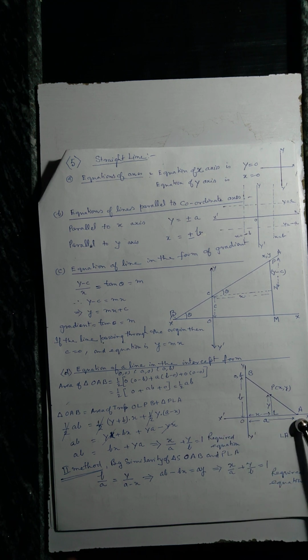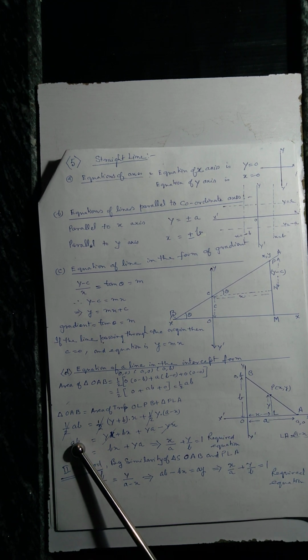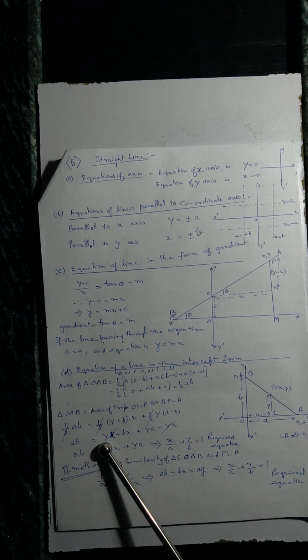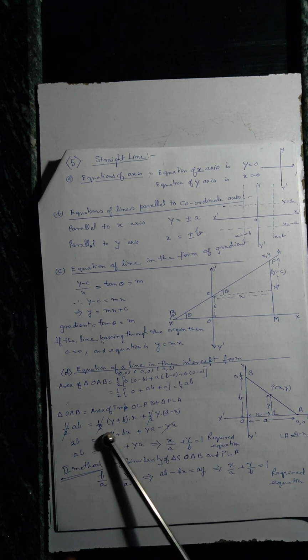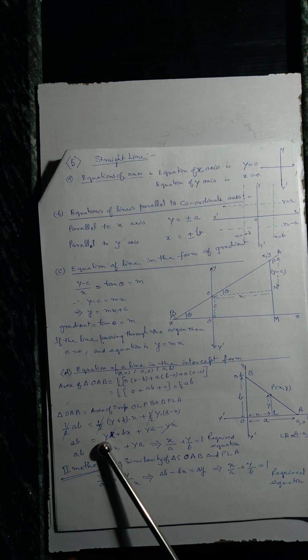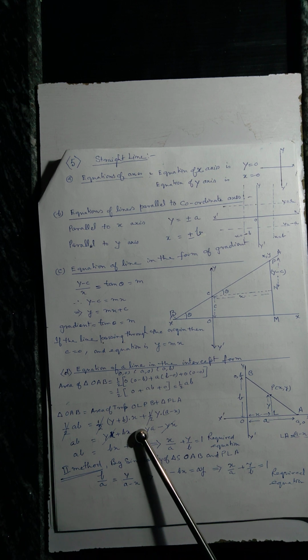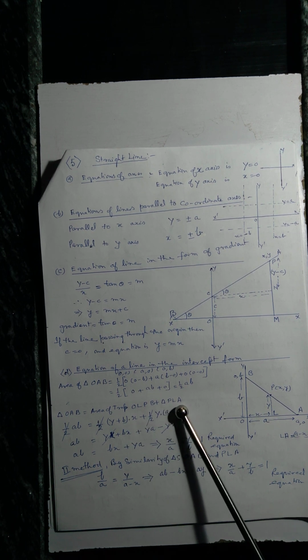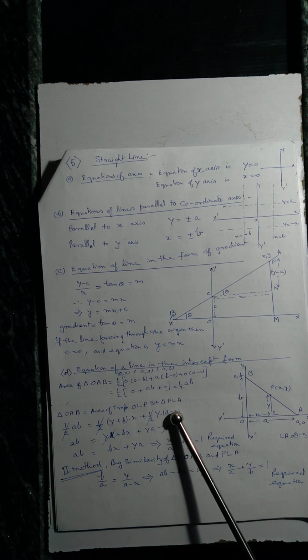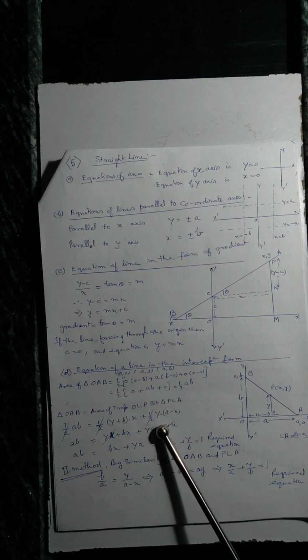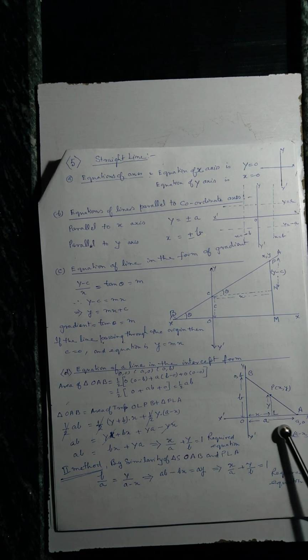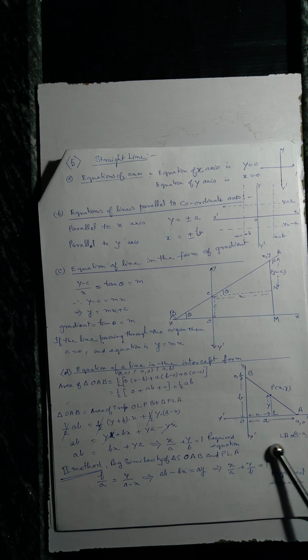Just a simple formula, that is base into height divided by 2, and area of the trapezium will be equal to the sum of the parallel sides divided by 2 into height. So you see 1 by 2 into (y plus b) into x plus the area of the triangle PLA, that is 1 by 2 y into (a minus x). Here LA is a minus x.